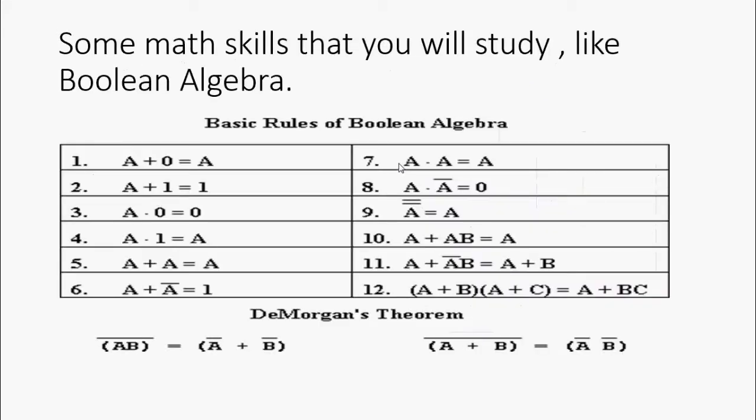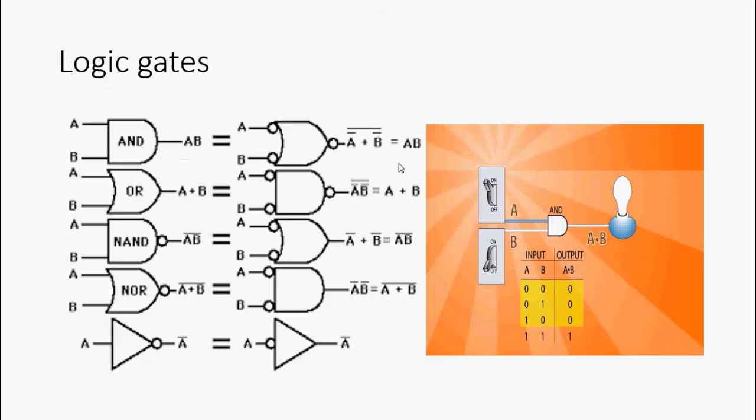You are going to learn some math skills like Boolean algebra, and the application of Boolean algebra in order to create circuits and diagrams. We are going to learn what the basic logic gates are, and how you can apply this knowledge to create more complex structures.